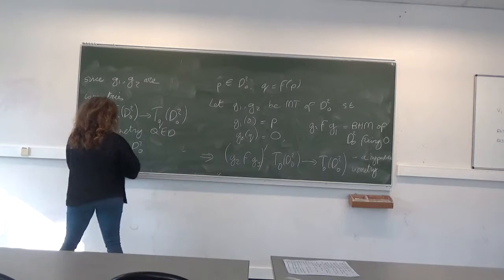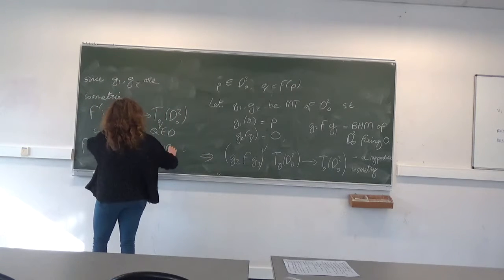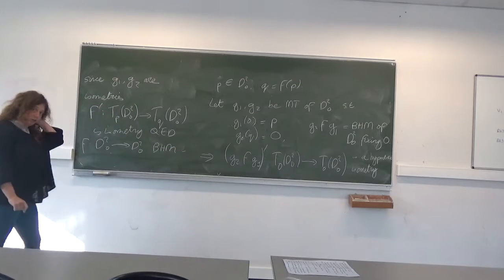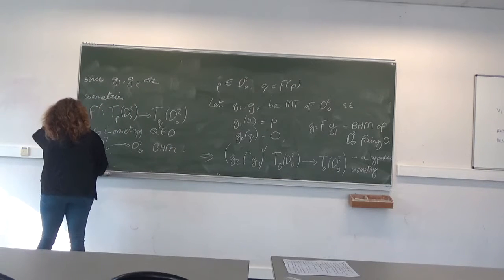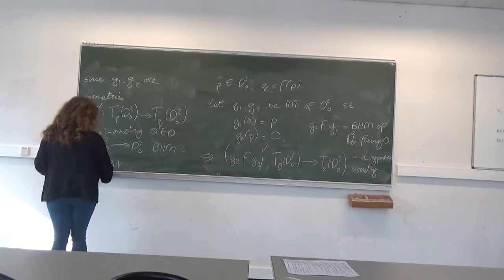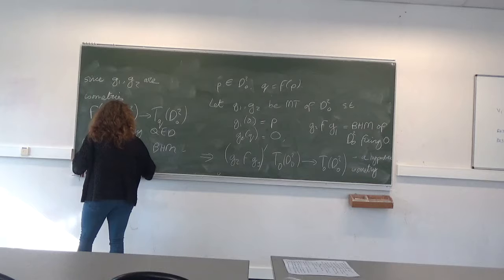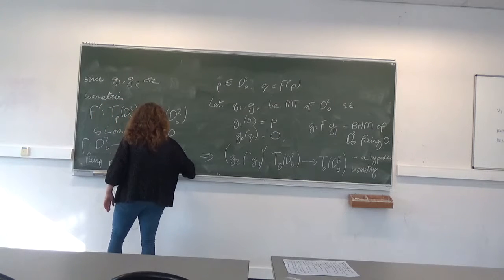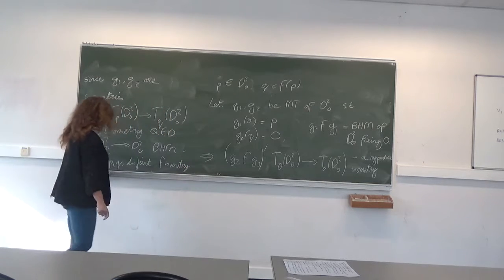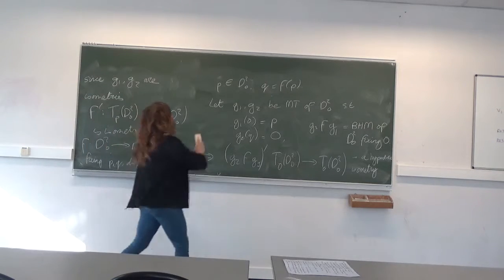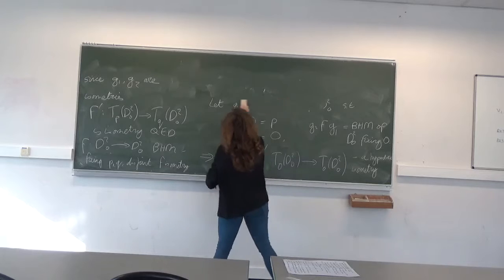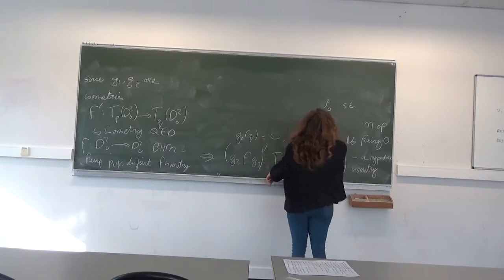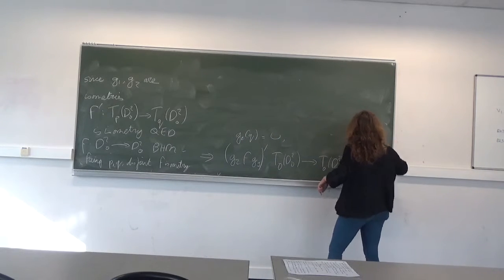So I'm assuming it's a biholomorphism. Okay, suppose it fixes 2 points, P and Q, distinct. And now I know that f is an isometry, and therefore f must fix the whole geodesic between P and Q pointwise.